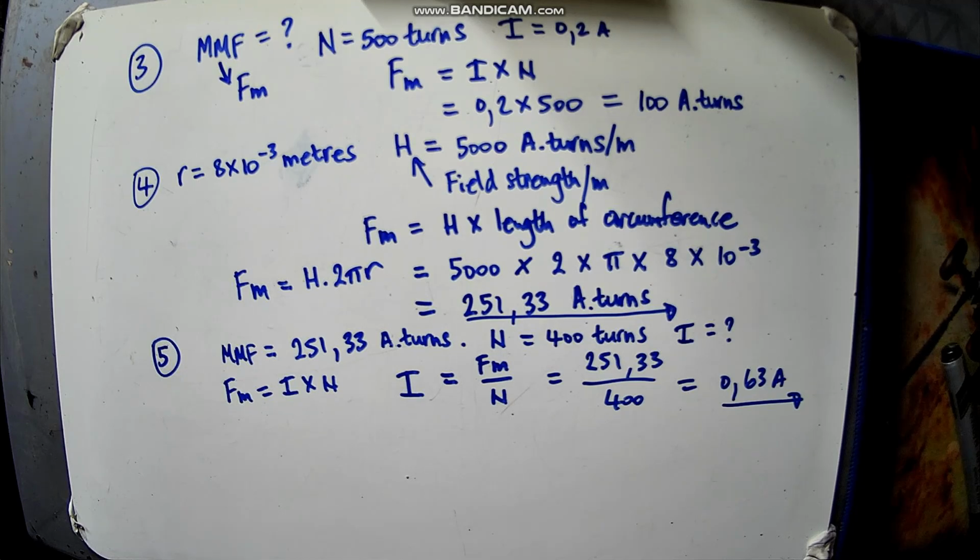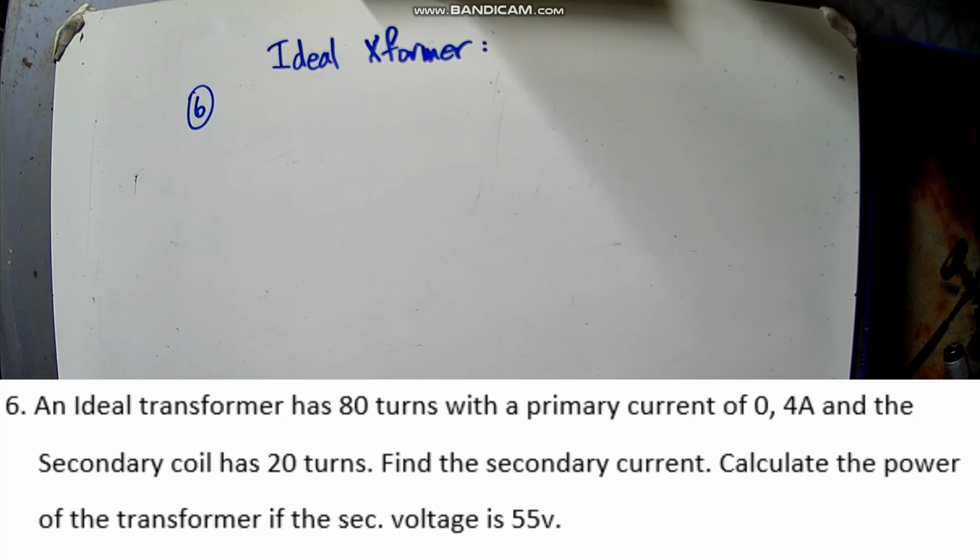Question number 6 mentions something called an ideal transformer. Ideal means that it's perfect, meaning no losses are taken into consideration in this calculation. The question says an ideal transformer has 80 turns on the primary with a primary current of 0.4 amps, and the secondary coil has 200 turns.